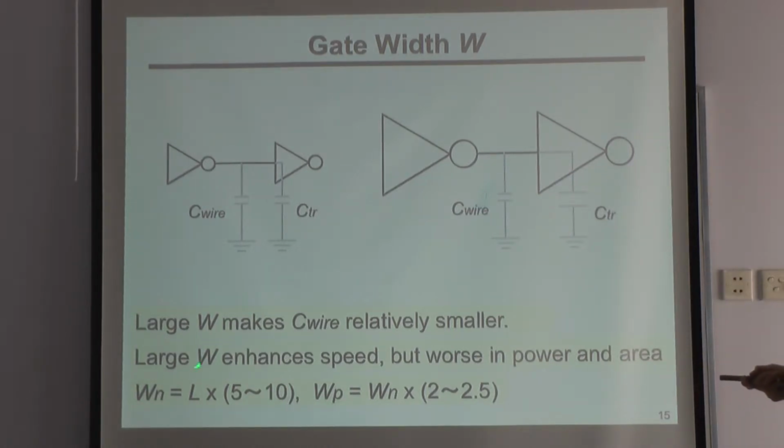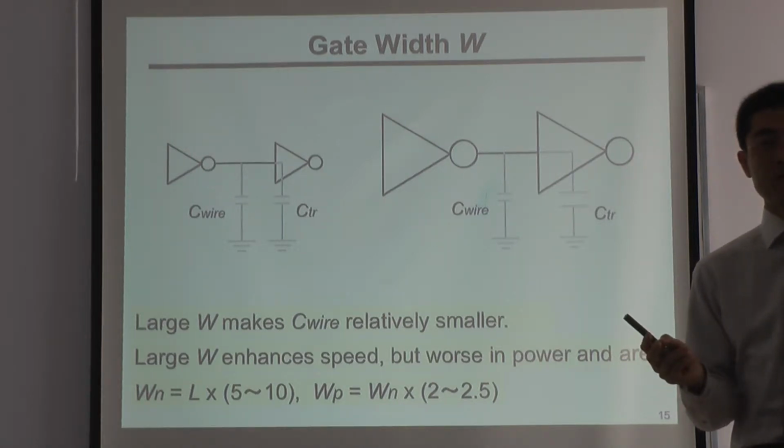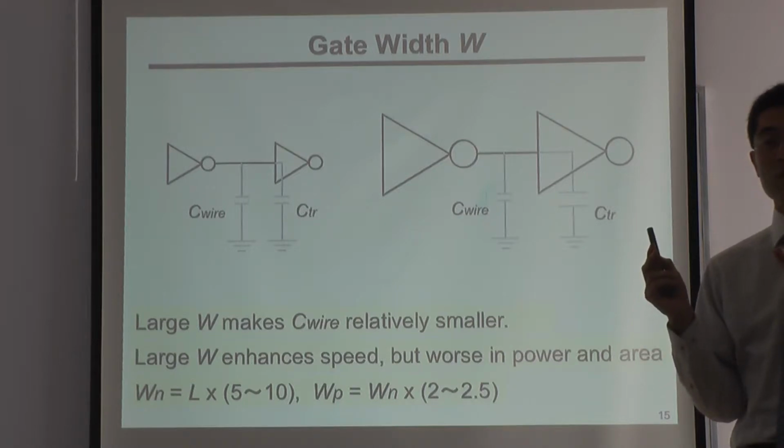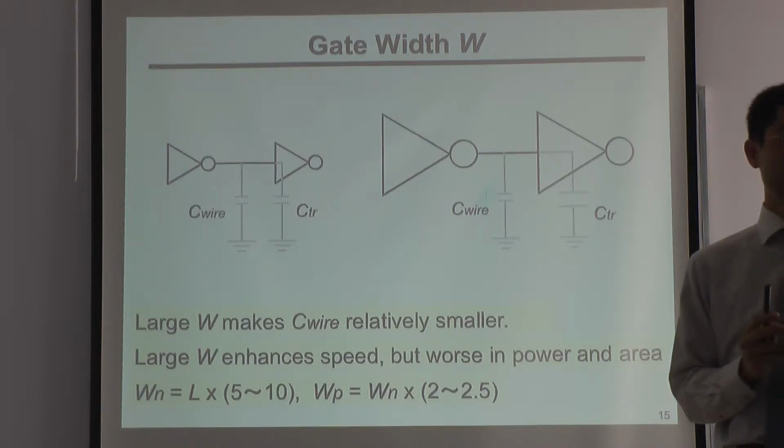So that means large W enhances the speed, but considering the power and area, we want smaller W. So if you want to have a high-speed circuit, you use large W. And if you want to make a low power design, you use small W.